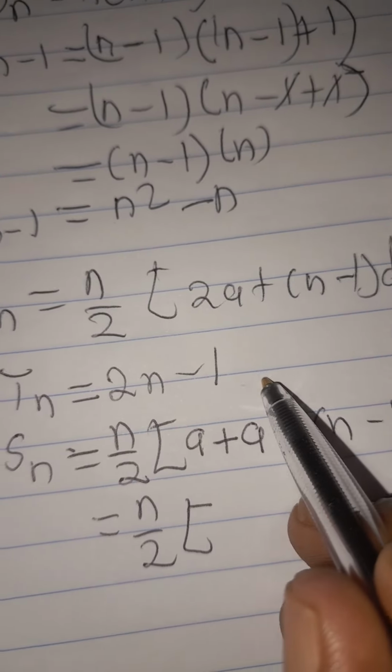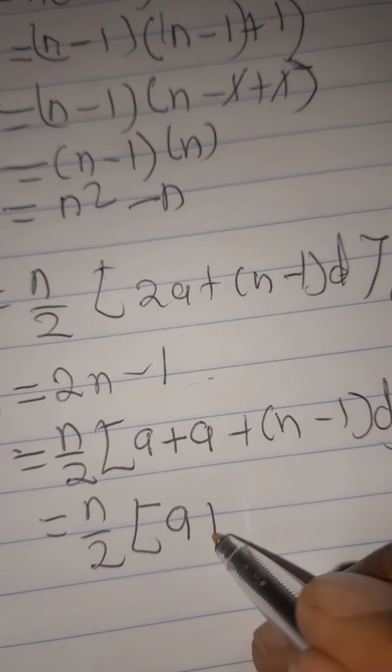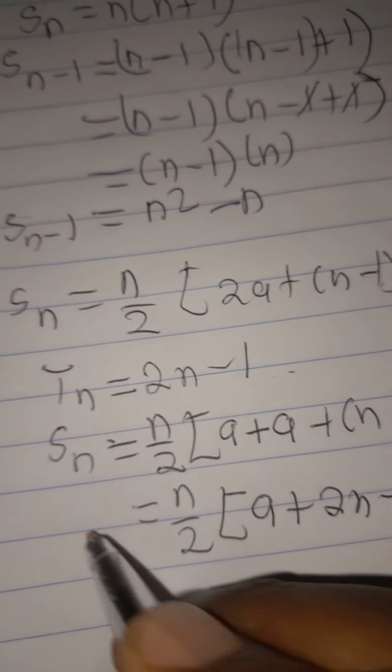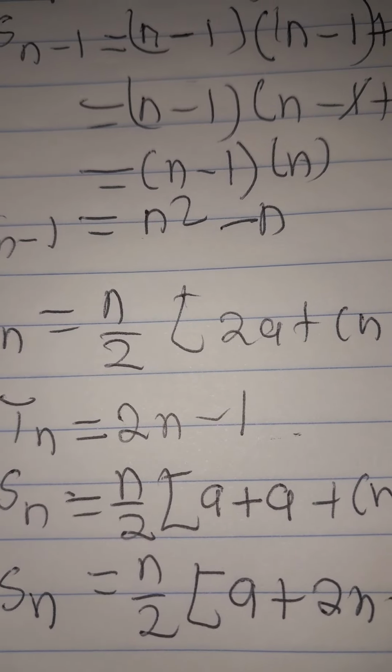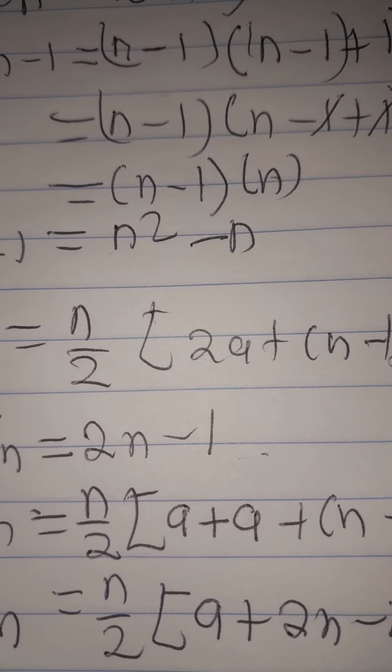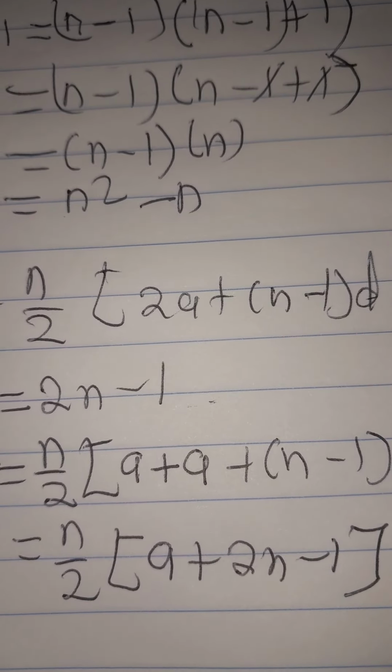So we are given tn. What is tn? It's 2n minus 1, meaning that where there is a plus n minus 1 d, we are going to place 2n minus 1. So that's how we can use the results of 1.3 and the results of 1.3.5. We have already used the results of 1.3.7.